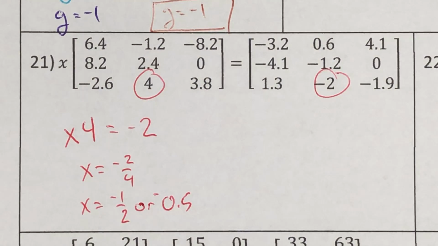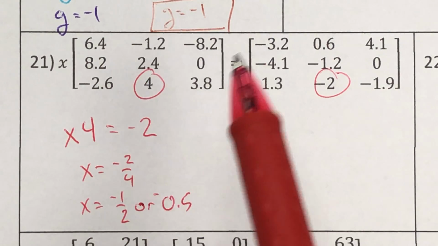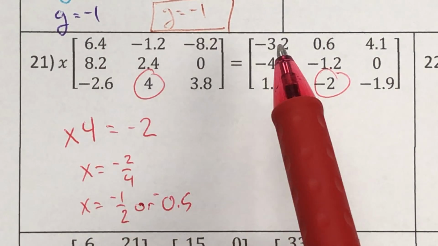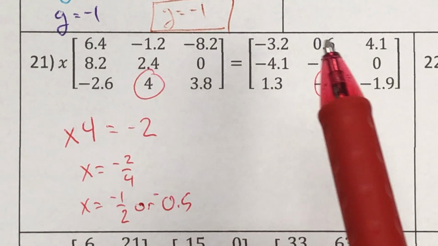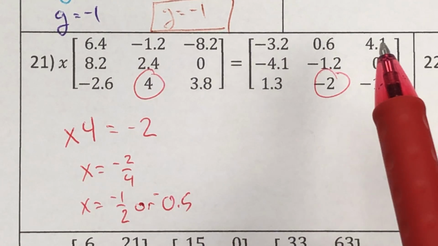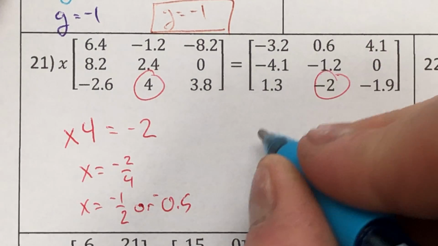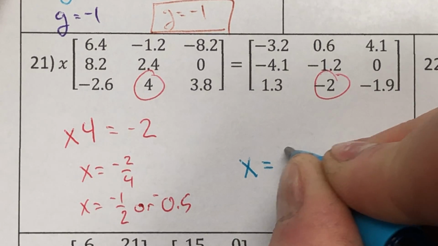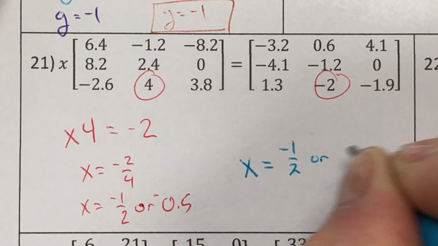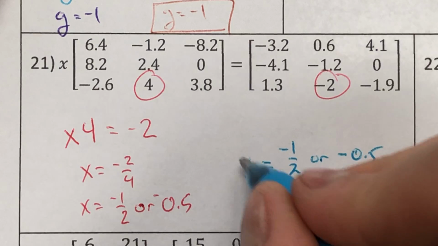If you want to put it as a decimal, negative 0.5. No matter which part I check, 6.4 times negative half, negative 1.2 times negative half, negative 8.2 times negative half, I get the same scale throughout. So I know that my overall final answer is that x is equal to either negative 1/2 or negative 0.5.